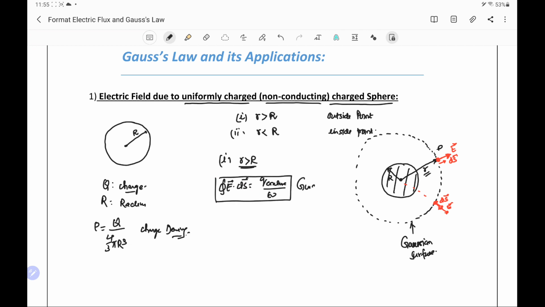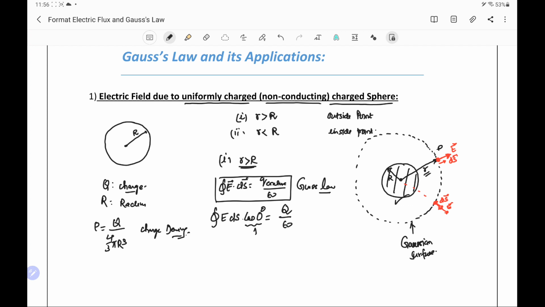Applying this law for this Gaussian surface, we find integral E, the magnitude of the electric field, ds, the magnitude of surface area, and cos of the angle between them. We see that E and ds are always parallel, therefore the angle is 0 degrees. And for the charge enclosed, because this Gaussian surface encloses the whole sphere of radius R, which contains the total charge Q, the Gaussian surface encloses the whole charge, so it is Q by epsilon naught.